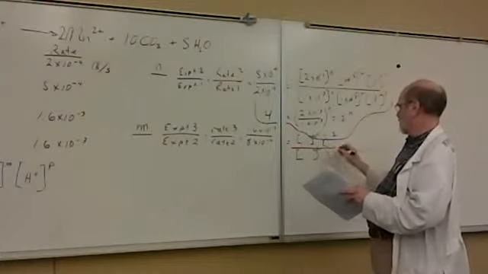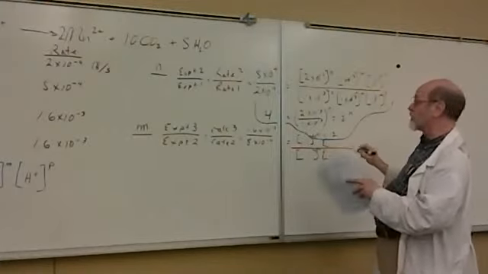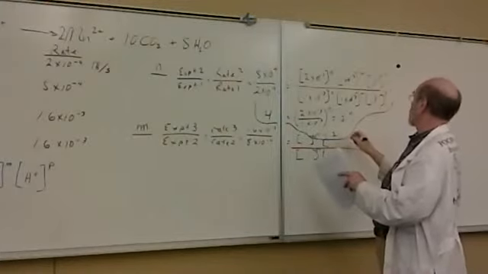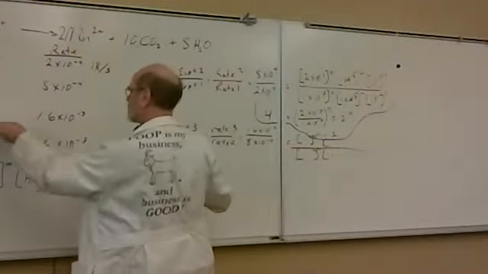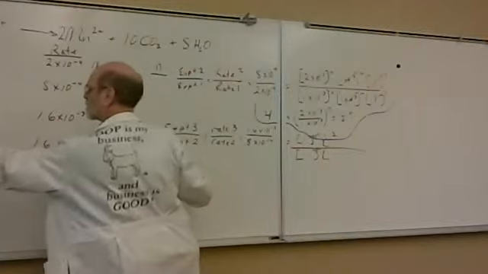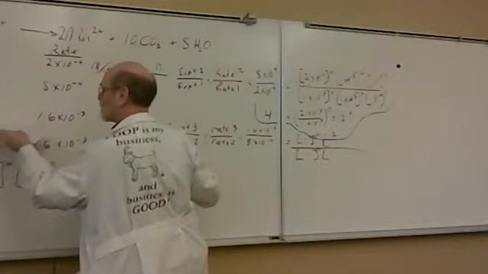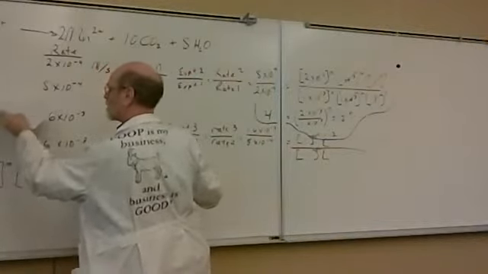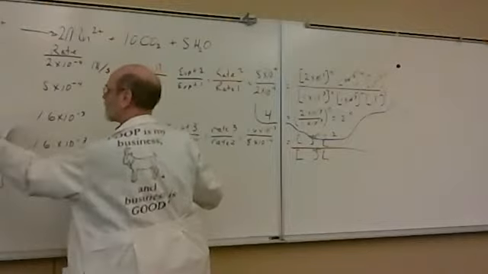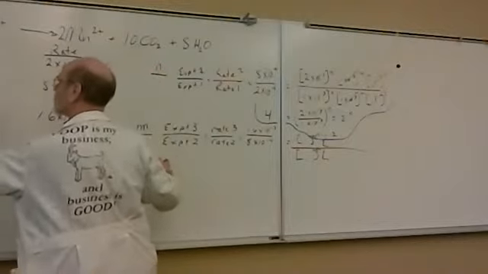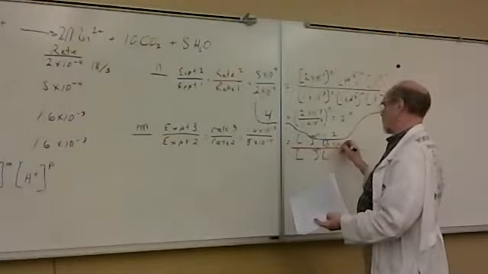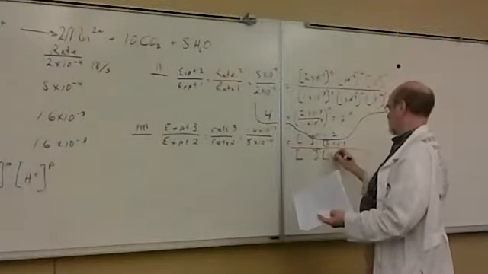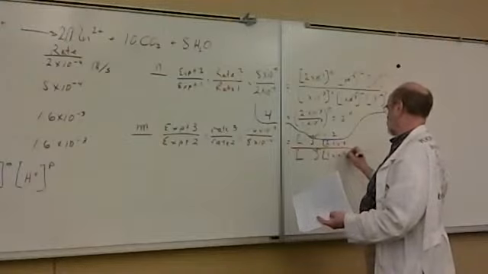And then this one, which is going to be, let's see, no, here. 2 divided by 1. 10 to the minus 3 divided by 1 times 10 to the minus 3.